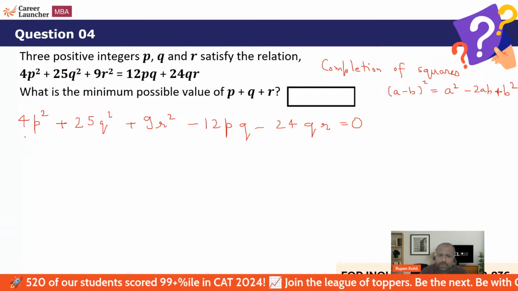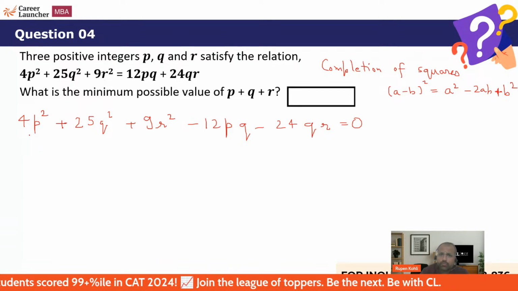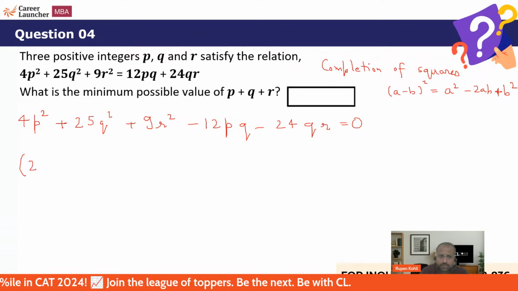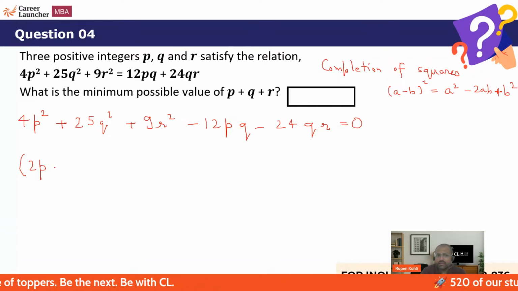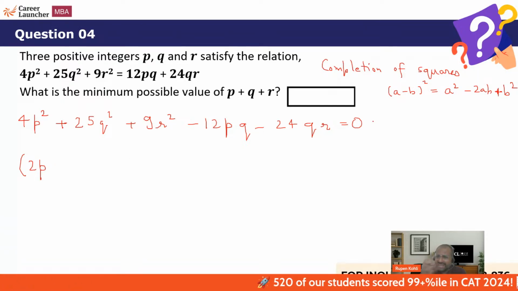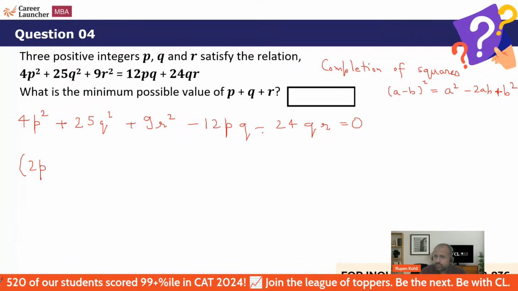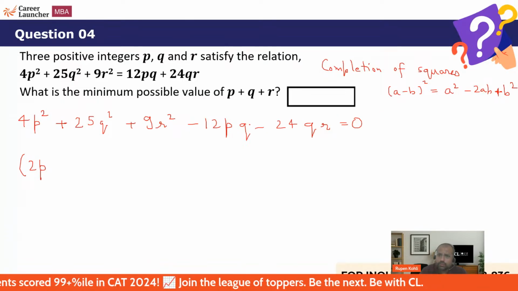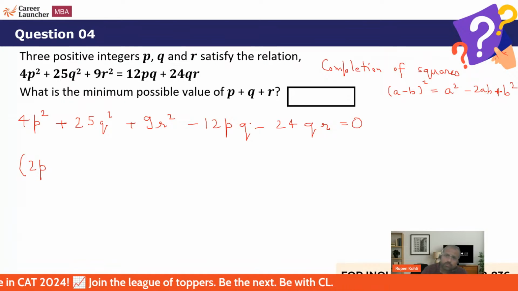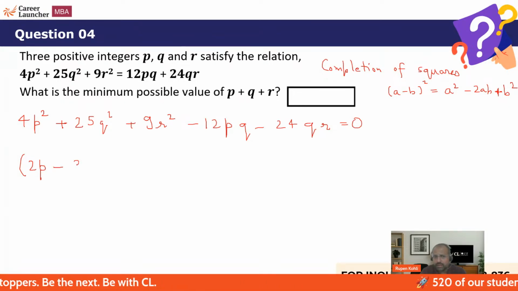You can see 4p square over here, which is the square of 2p. So in the first term, if you write the first expression as 2p, then you will have 4p square. So your a over here is 2p. 2 into a into b is 12pq. A is 2p. 2 into 2p is 4p. 4p into 3q is 12pq. So I should now write the second term over here as 3q.